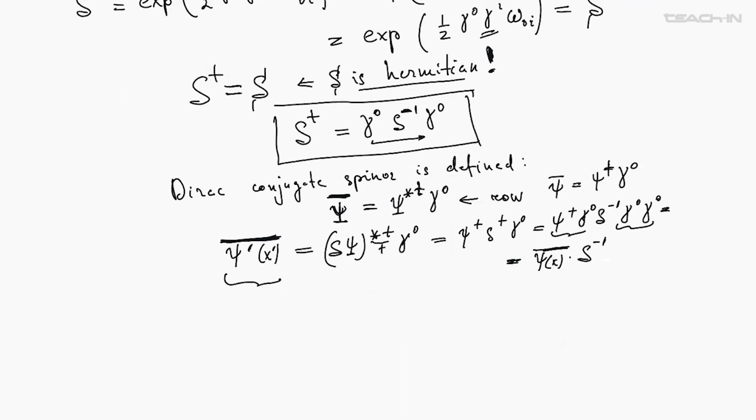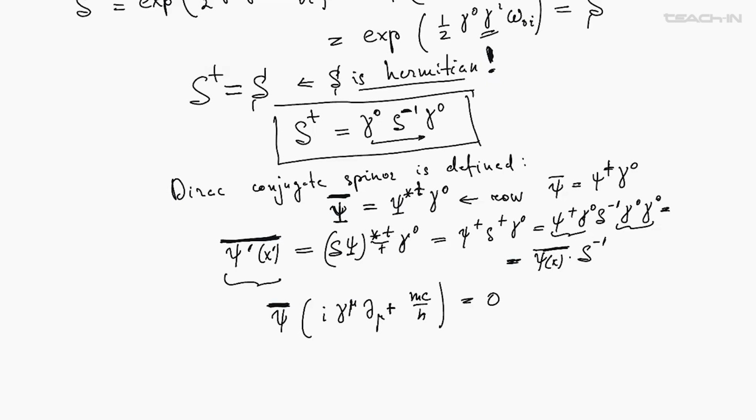Psi bar, so the Dirac equation inherited by this Dirac conjugate spinor, looks like this: i gamma mu d mu plus mc over h bar equals 0, where now this derivative is understood as acting on the left, acting on psi bar.